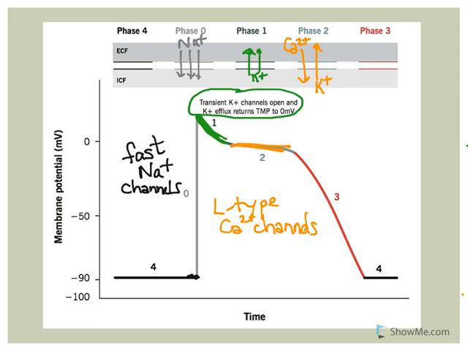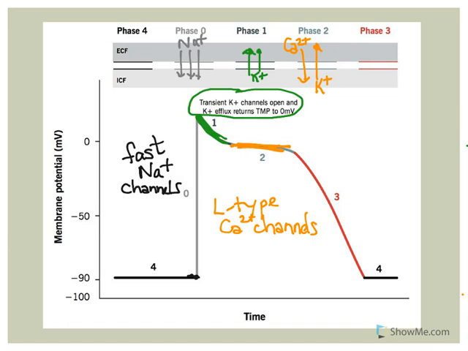So they're a little delayed. So we have calcium coming in, potassium moving out. The total number of charges leaving versus coming in is the same, and so we have a plateau phase. Now the calcium channels remain open for a long period of time, a little longer than what most people think. That's why you have this little plateau here.